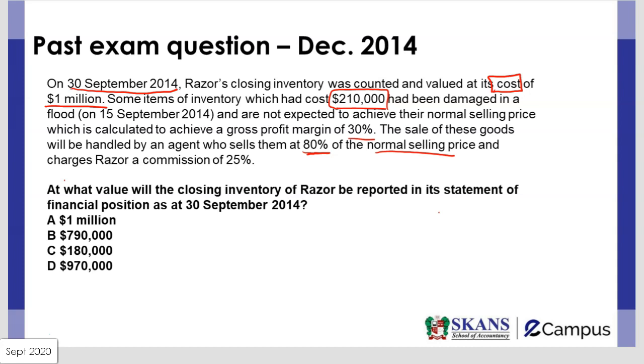The agent charges Razor a commission of 25%. So not only is the selling price going to be lower, even to sell these items at a lower selling price, we need to pay a commission of 25%.